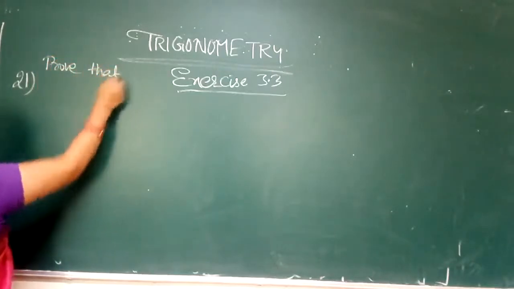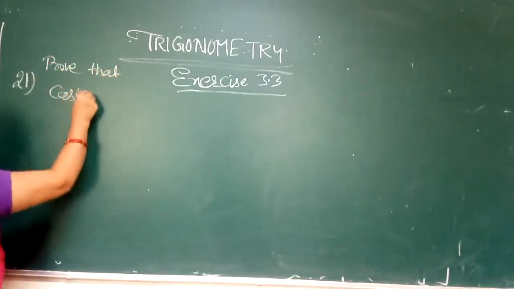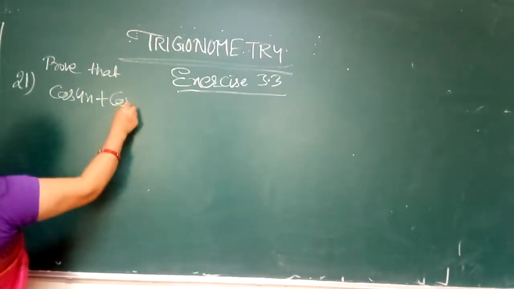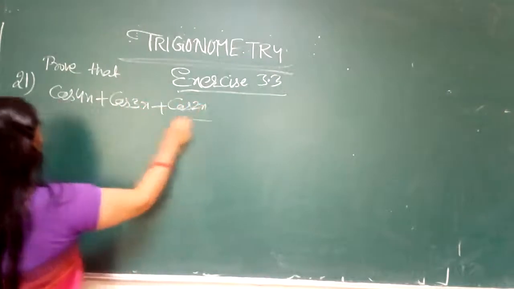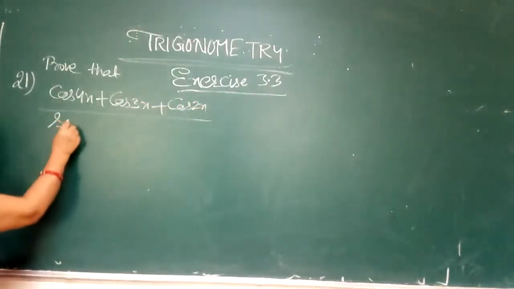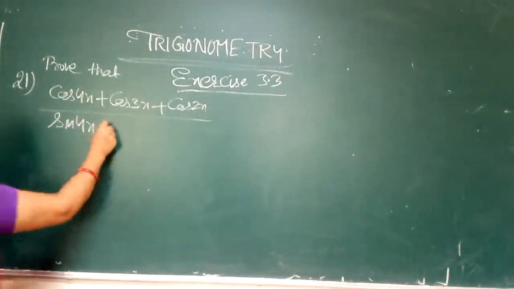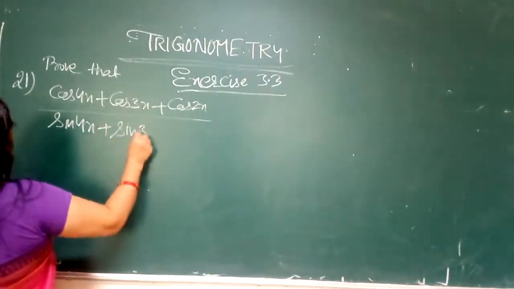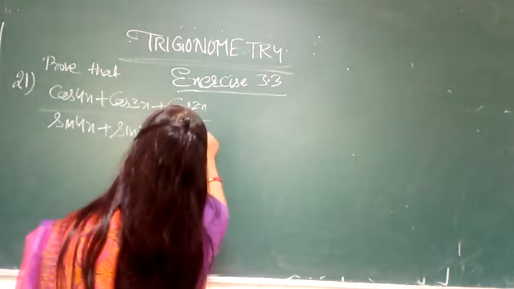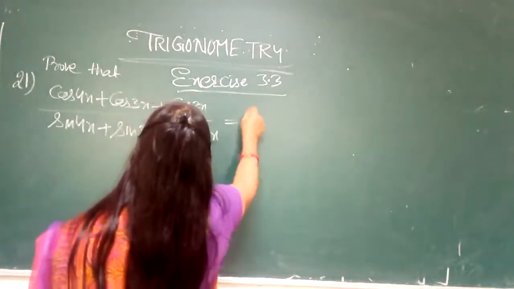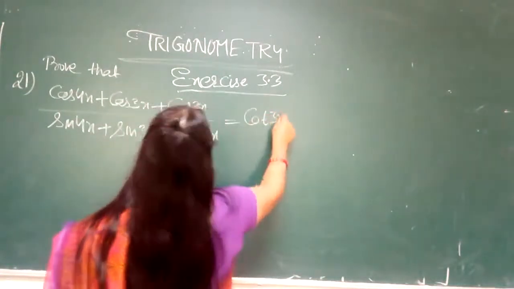Prove that (cos 4x + cos 3x + cos 2x) upon (sin 4x + sin 3x + sin 2x) is equal to cot 3x.